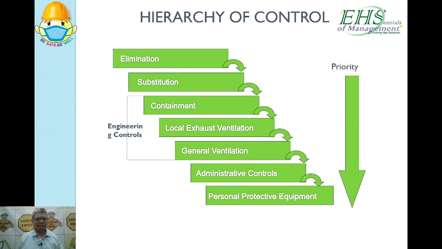In that there are containment, ventilation, general ventilation, exhaust ventilation, air conditioning, and so on. Even if some risk remains after substitution and engineering control, then you have to go for the administrative control to bring it to the residual level.